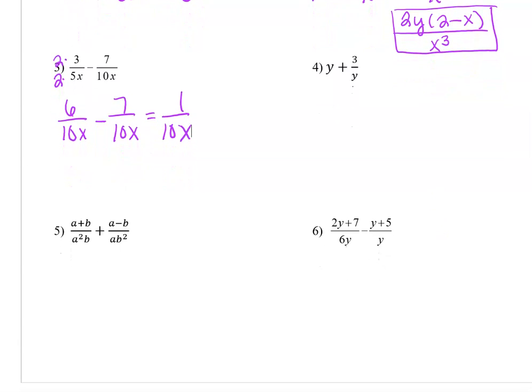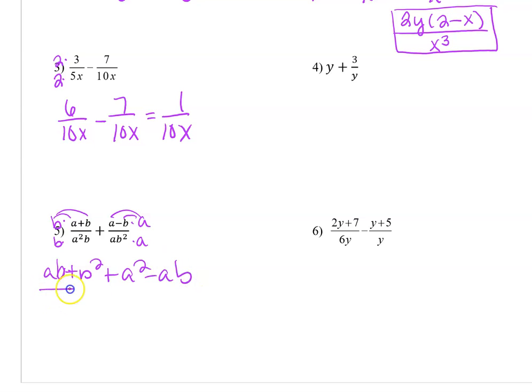For 5, the LCD would be, again, it's really the highest powers that I'm looking at. So I would say a squared and b squared. So I can multiply the first fraction by ab, the second fraction by an a. So ab plus b squared, because I have to distribute that to each of those, plus a squared minus ab.